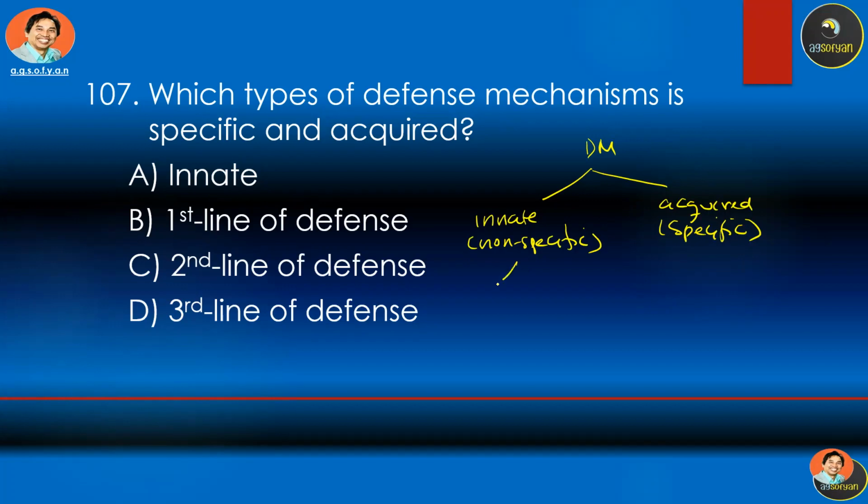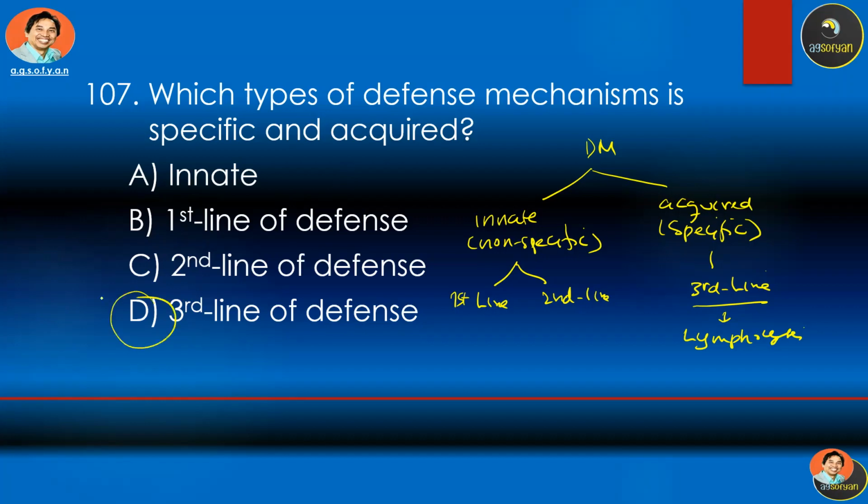The innate is divided into two types: first line and second line of defense. And the acquired, the specific one, becomes the third line of defense. It is done by lymphocytes. So the acquired specific will be the third line of defense.